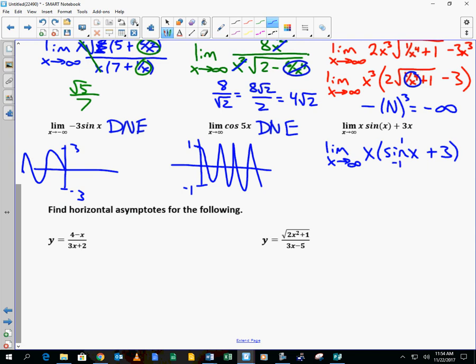So would you agree that at best, this would be 3 plus 1, right? Or 4 times a very large number. Or at worst, it would be 3 minus 1, which is 2 times a very large number. Either way, these both go towards infinity. We did work it out.